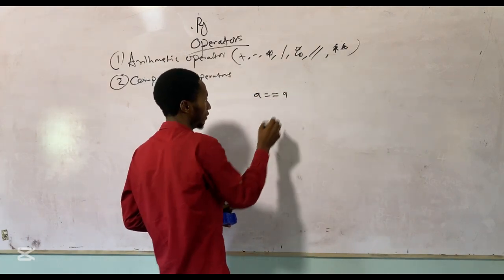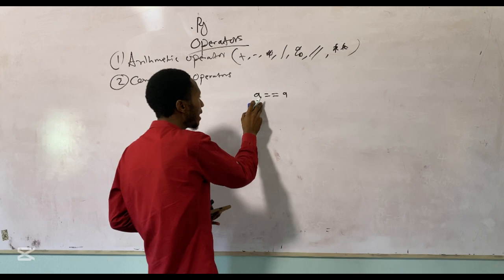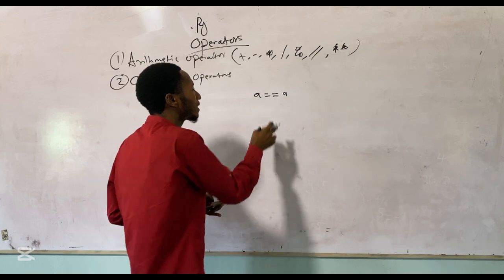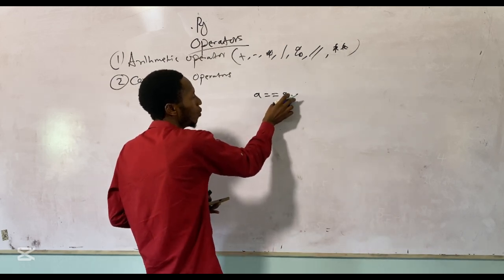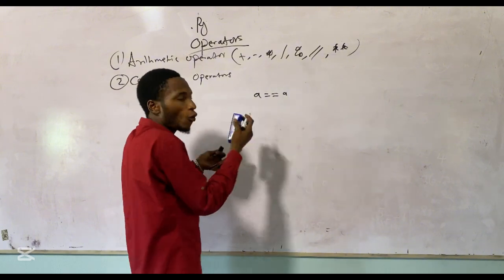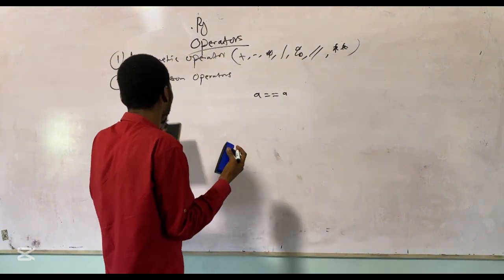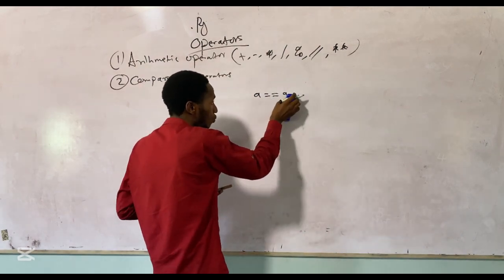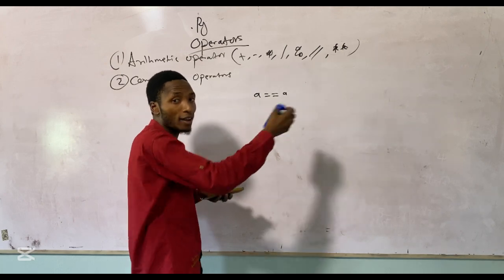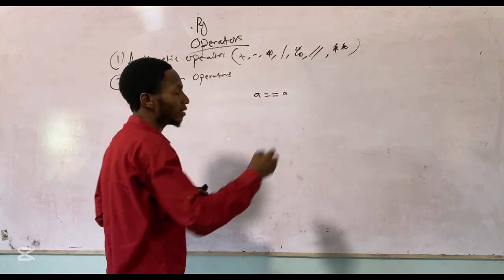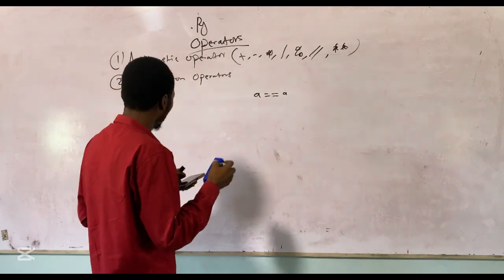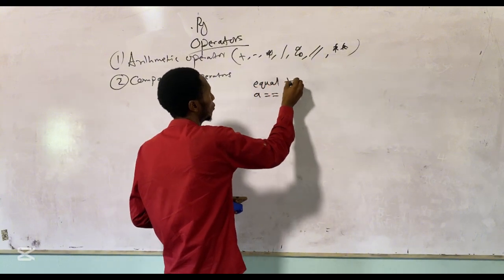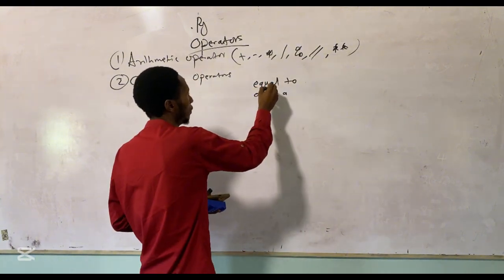If I have something like this, what I mean is whether a is equal to a. It's not that I'm assigning a value of this a to this a. I'm comparing. That is comparison operators. I'm comparing whether a is equal to the other one on the right hand side. So that's equal to.